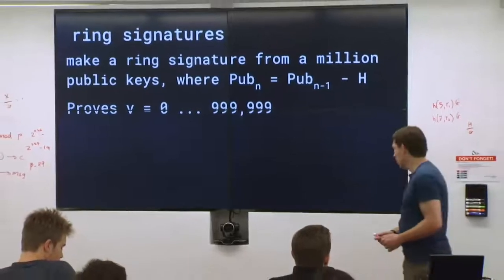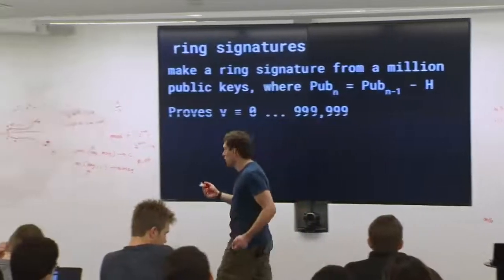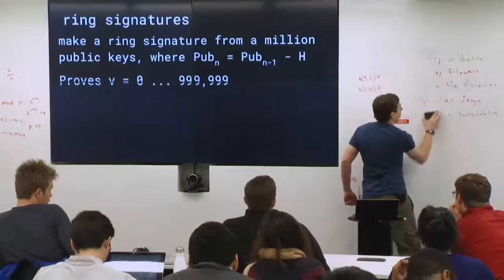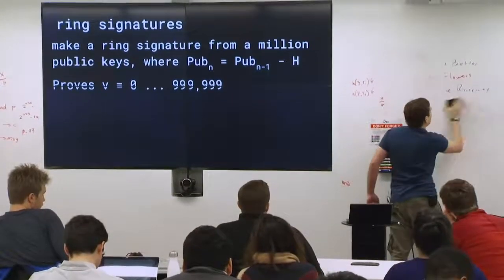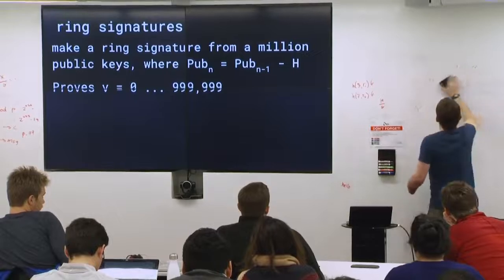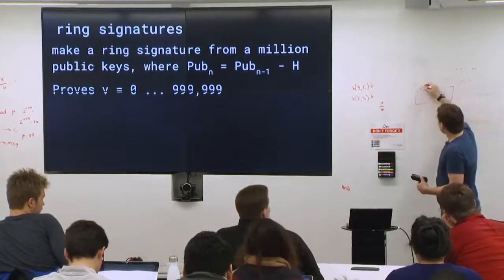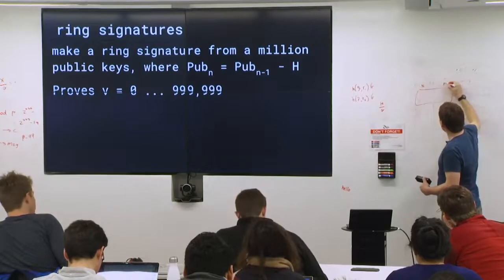So in Bitcoin, if you have a transaction, you say, okay, here's my input, here's my output.